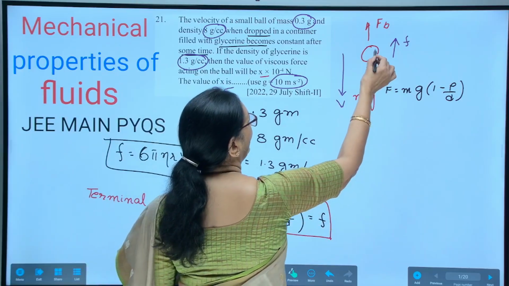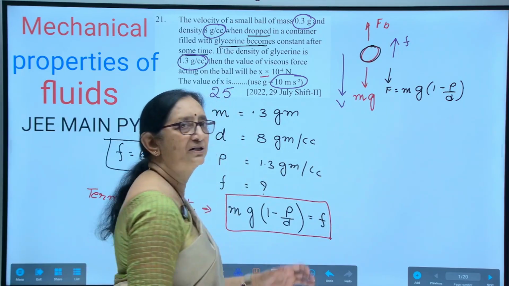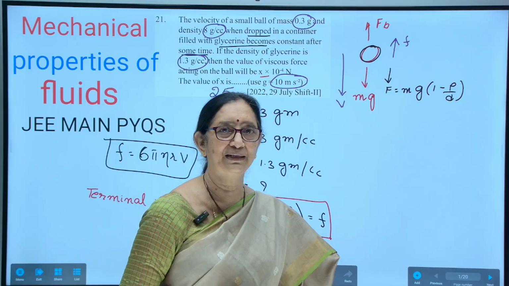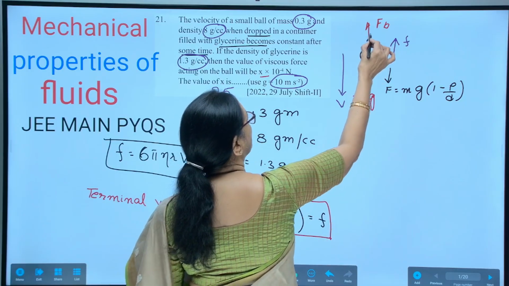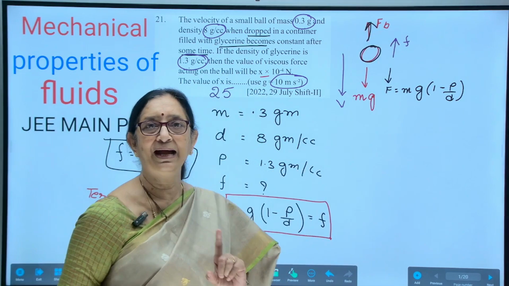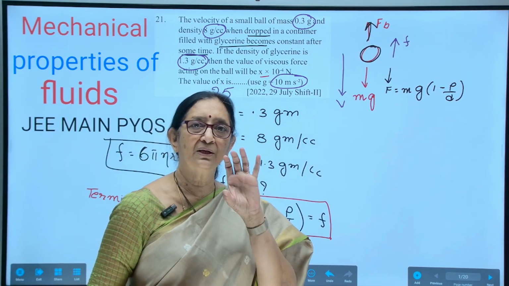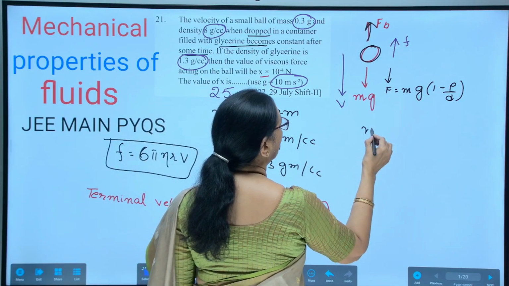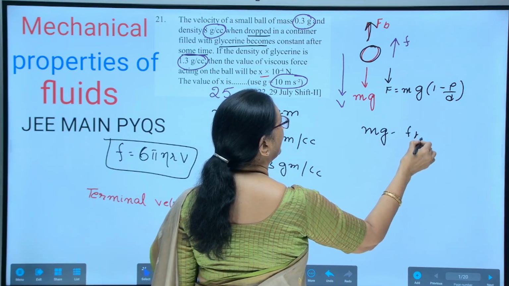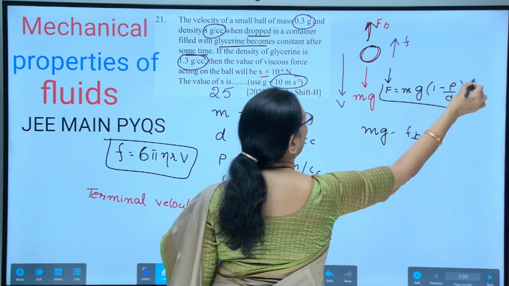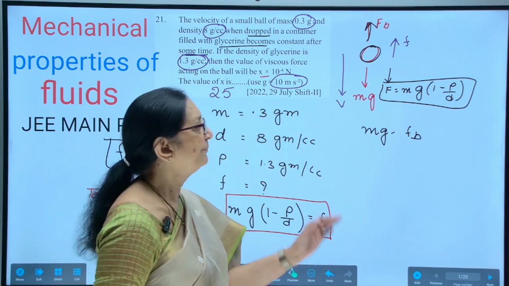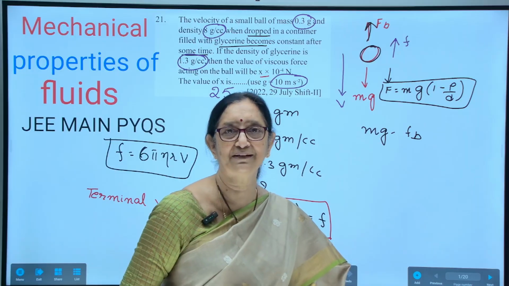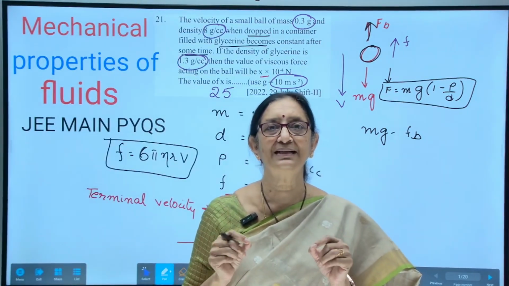Let us assume this is a ball dropped into a fluid, its weight mg will be acting in the downward direction and buoyant force due to the fluid will be acting in the upward direction. So, the net weight of the body will be weight minus buoyant force, that is mg into 1 minus rho by d.